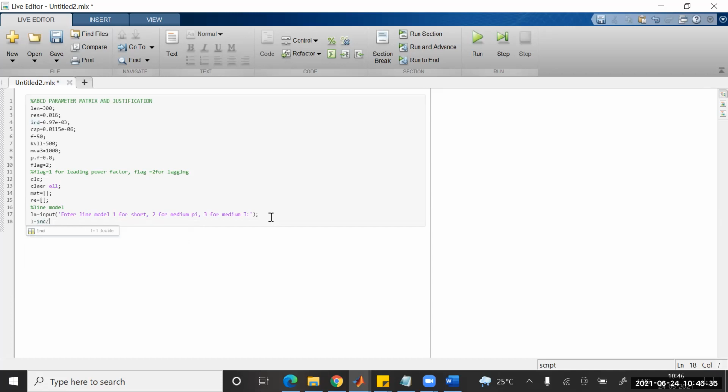Total L would be inductance into lm. So the total L value would be calculated. That value is given per kilometer, as mentioned above.